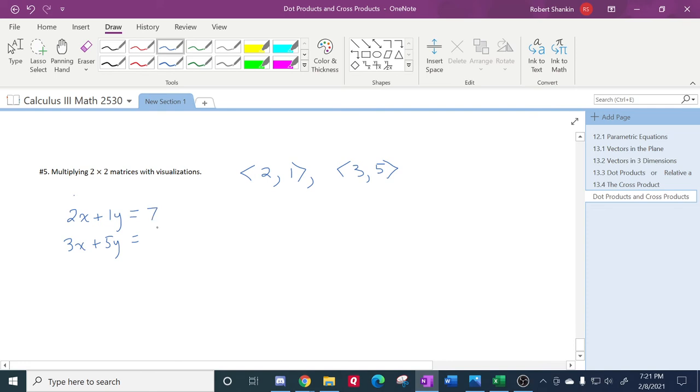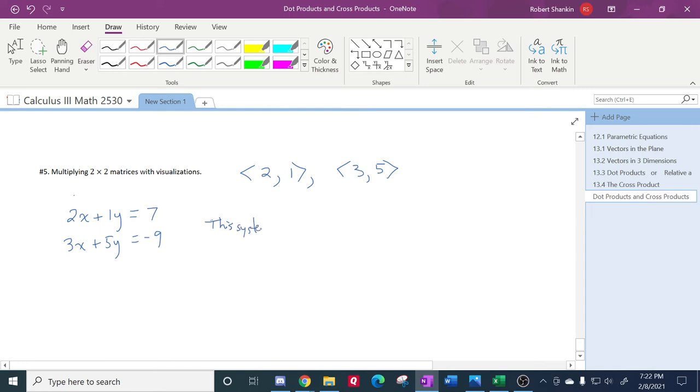Now these could be like 7, negative 9, any kind of numbers over here. Now, suppose you were solving this system. When are you going to get a single solution?